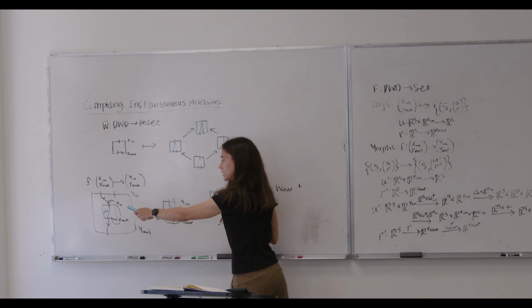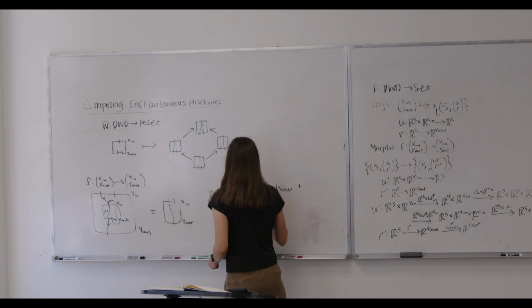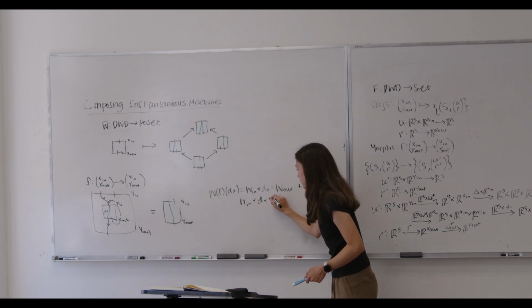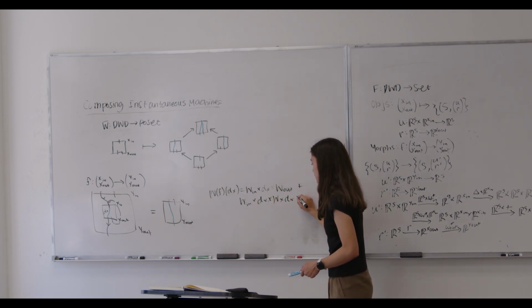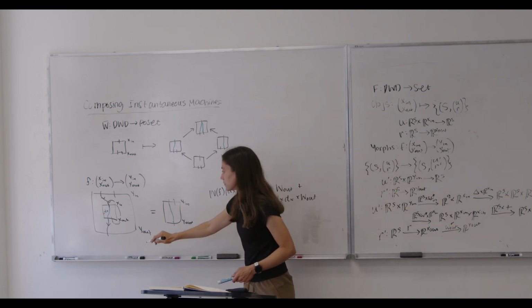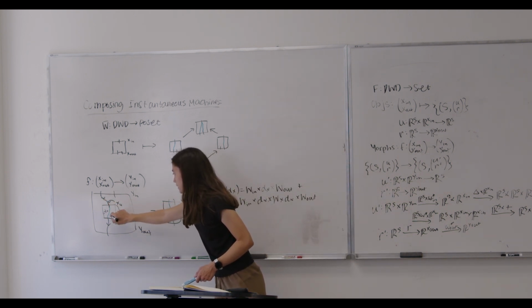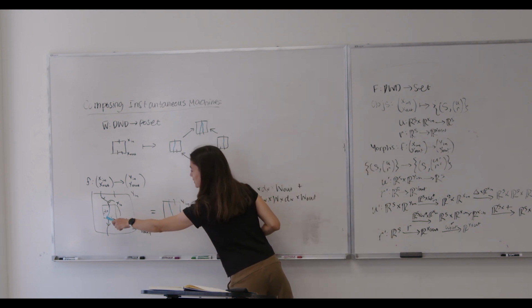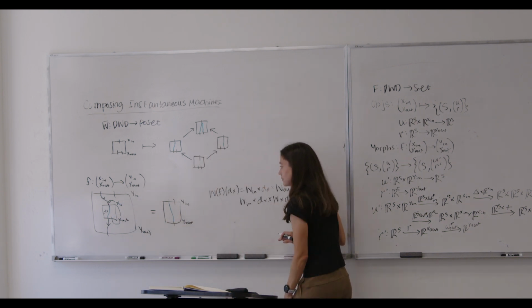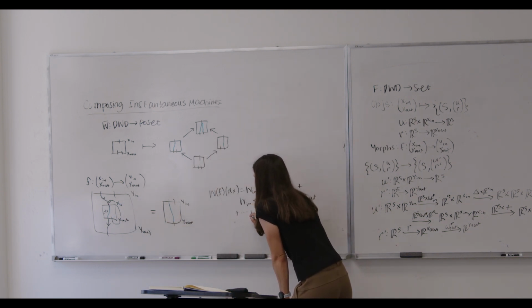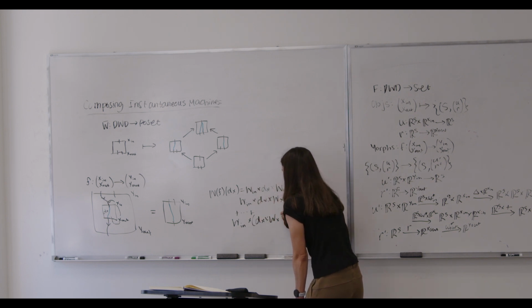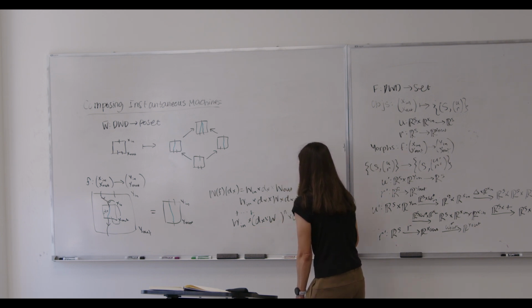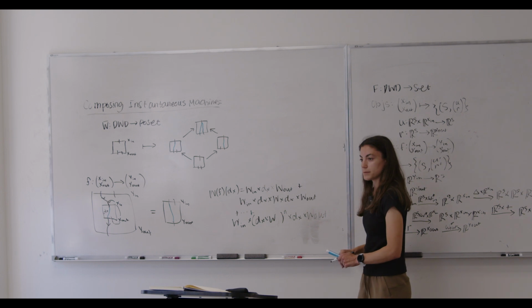But we also could have the option of going W in cross d of x cross W cross d of x cross W out. Because if there was some dependency here, we would have to go here, here, here. And we can do this, I mean, in this case we don't, but we could do this n number of times. So we'll write it like W in cross d of x cross W to the n cross d of x cross W out. Because these are all the dependencies that can form, yeah.